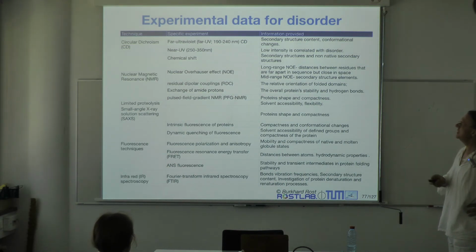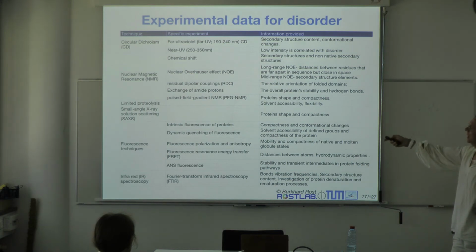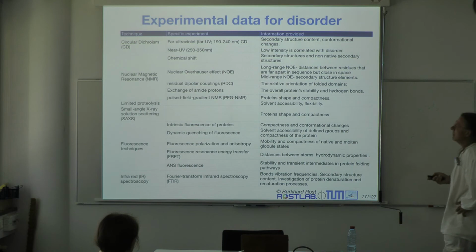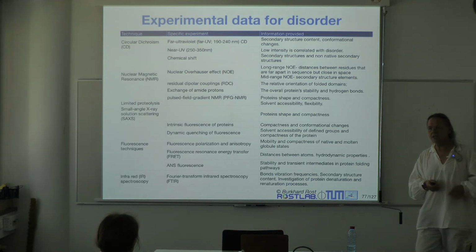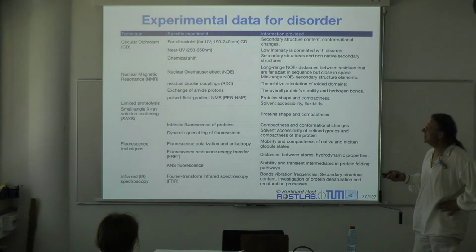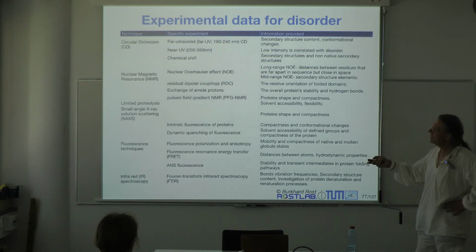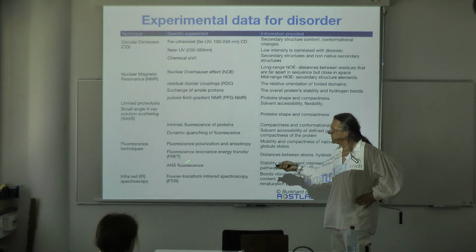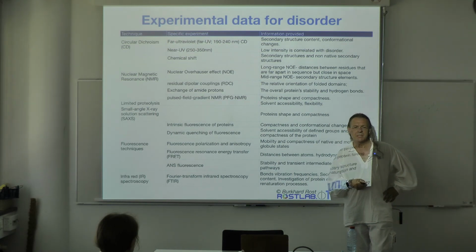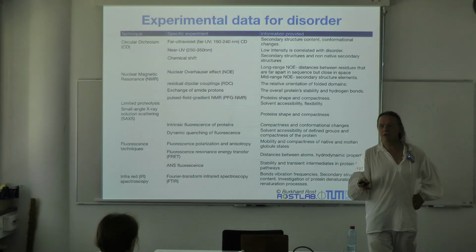Actually, CD mostly sees alpha helices. Then there is NMR that you can use for the dipolar coupling measurements. So essentially, that is a lack of contacts that you see. There's small angle X-ray scattering. There's limited proteolysis, so you simply cut and see whether things are connected. There's some fluorescence and infrared spectroscopy techniques, and all of these are low resolution.